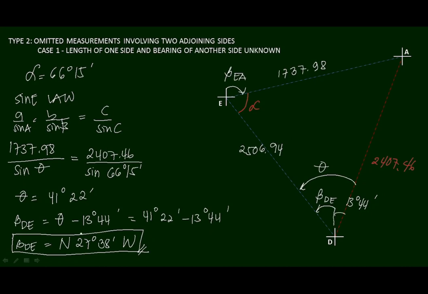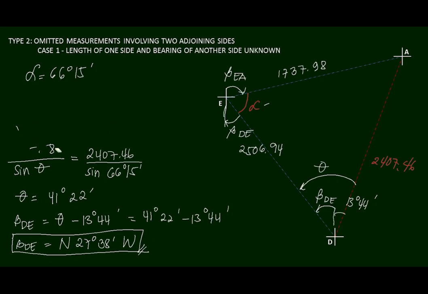May isa pa tayong kailangang hanapin, yung bearing ni EA. Now, if you try to look here, if this is the bearing of DE, I can also say na yung bearing dito, this is also equal to the bearing of DE. Right? So, looking here, nasolve ko naman na ngayon sa alpha eh. So, I can solve for the value of my bearing EA. How am I going to solve that one? I'm not going to use sine law anymore or cosine law kasi titingnan ko lang naman from this diagram. From that diagram, masosolve ko na ngayon yung bearing ni EA.